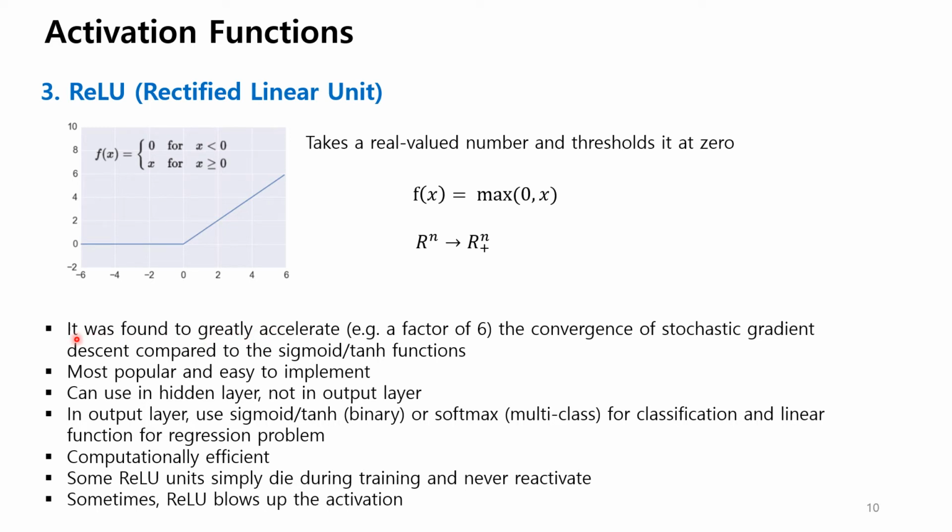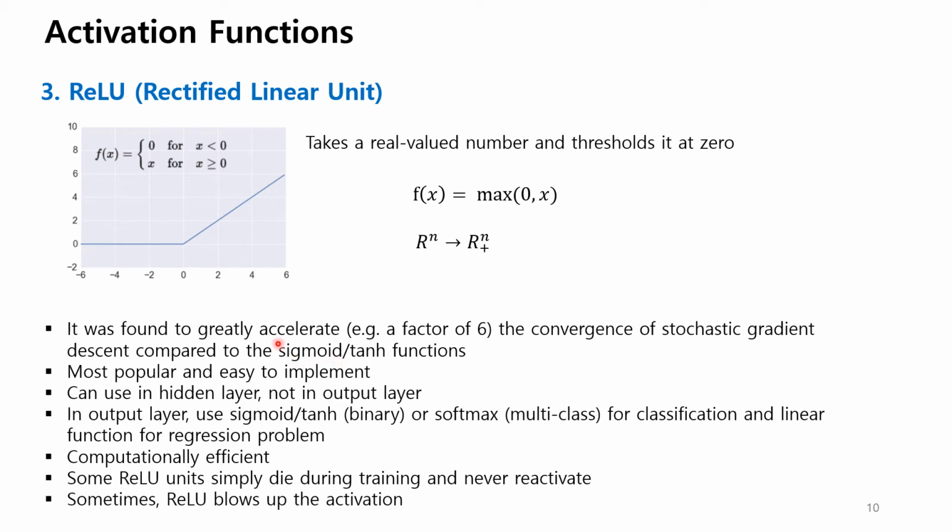Some people say this ReLU function is actually 6 times faster than other activation functions like sigmoid or hypotangent. It makes sense because ReLU is very simple to compute, but when you compute sigmoid, you have to compute the exponential value, which is very time consuming.